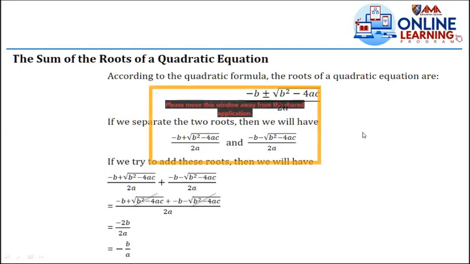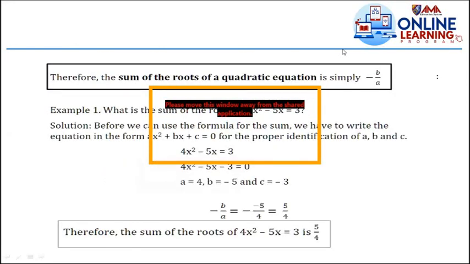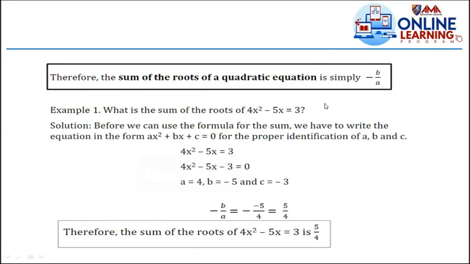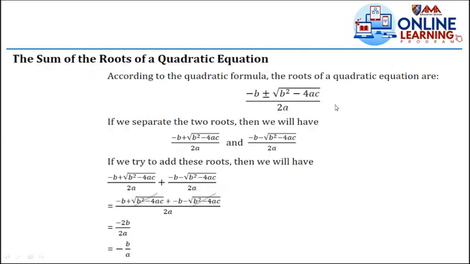So we have now the sum of the roots of the quadratic equation. According to the quadratic formula, the roots of a quadratic equation are -b plus or minus the square root of b squared minus 4ac all over 2a.